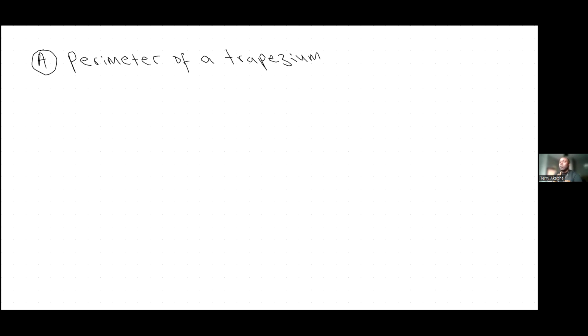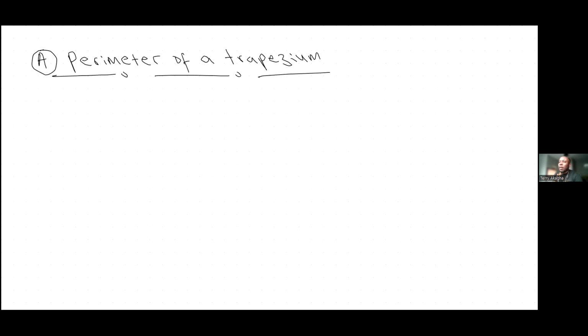So how do you find the perimeter? As you know, perimeter is the distance round. For this shape as well, the perimeter of this trapezium can be calculated by just adding all its sides together.